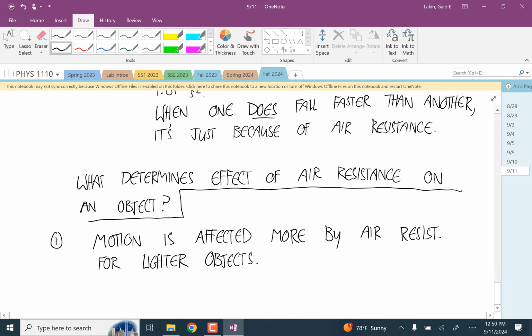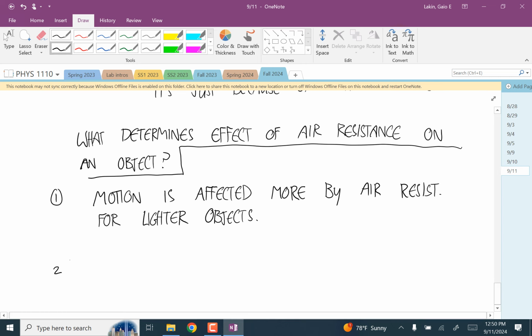So if you have 2 objects that are the same size and shape, but they have different masses, air resistance is going to affect the lighter one more. You can imagine a metal pinball and a ping pong ball that's basically the same shape and size. There's just a big difference in their weights. If you drop those both off the top of a building, the pinball is going to hit the ground a lot faster because it's less affected by air resistance.